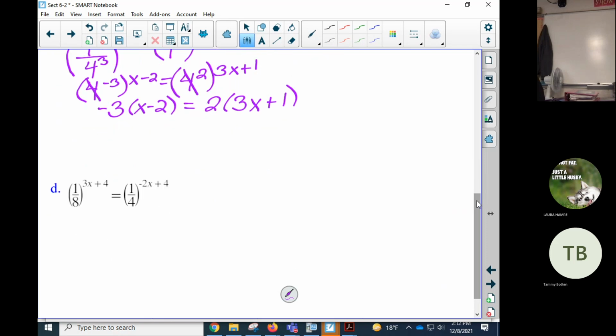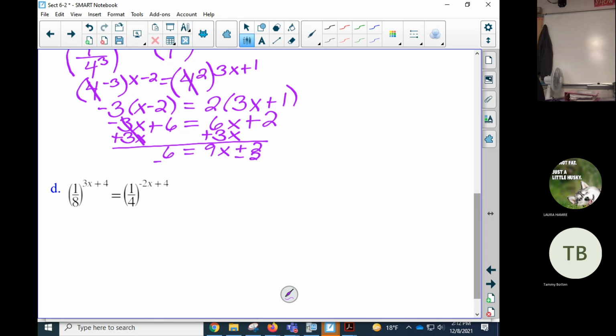And then I would do distributive. Negative 3 times x is negative 3x. Negative 3 times negative 2 is plus 6. 2 times 3x is 6x. 2 times 1 is 2. And then what I'm going to do is bring my x's to one side by adding 3x. And I get 6 equals 9x plus 2.